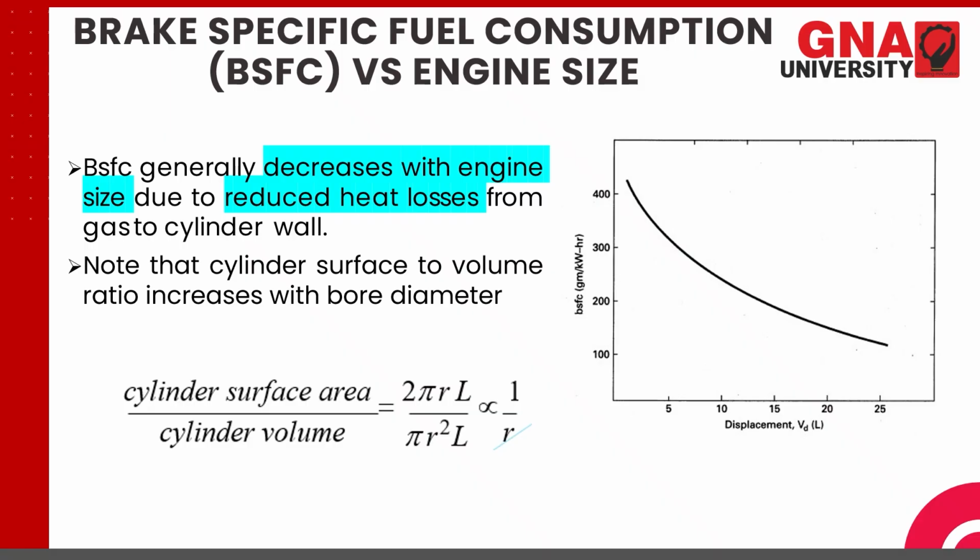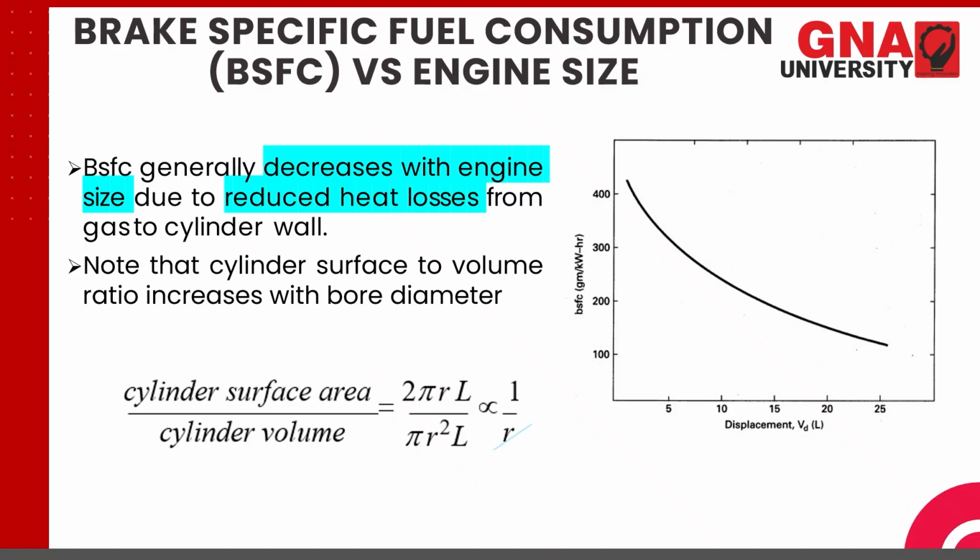Cylinder internal surface area can be written as 2 pi r into L, whereas cylinder volume can be written as pi r square L. So L cancels out, r cancels out, pi cancels out, and you are left with 2 by r. 2 is a constant, right?